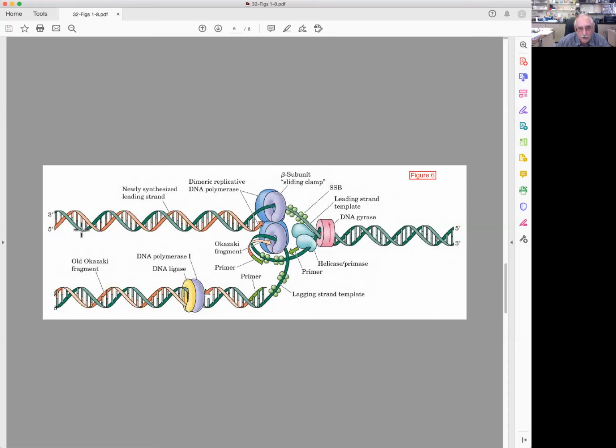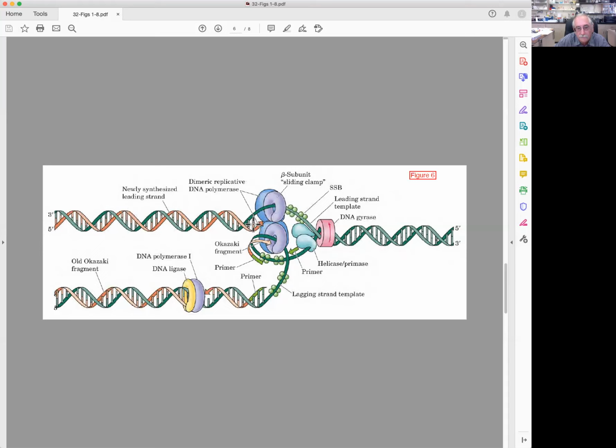Now let's look at what's happening. DNA polymerase, RNA polymerase, all these enzymes work in the 5' to the 3' direction. So here's the 5' strand. So you started right here and you were polymerizing in this direction.